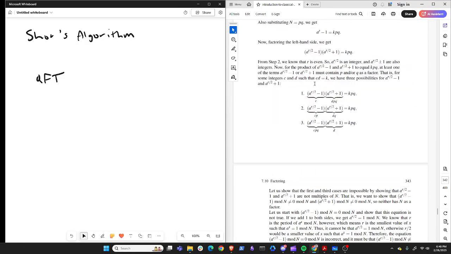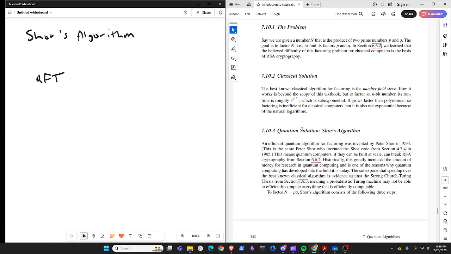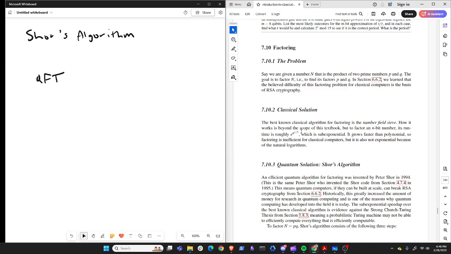All right, the last big algorithm. So, classic problem, the one that's got everyone terrified about breaking every encryption on the internet. How do we take a very large number that is the product of two prime numbers?